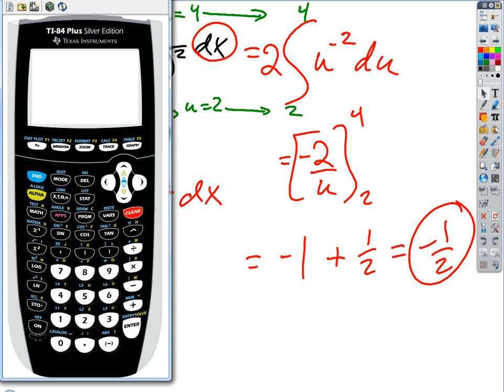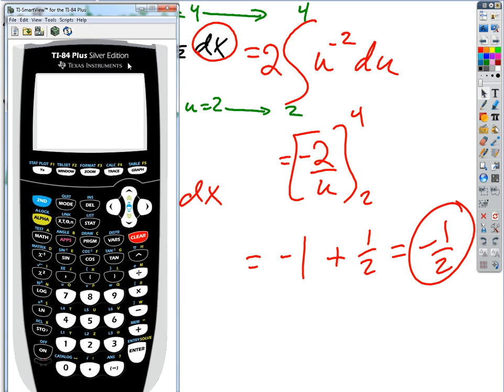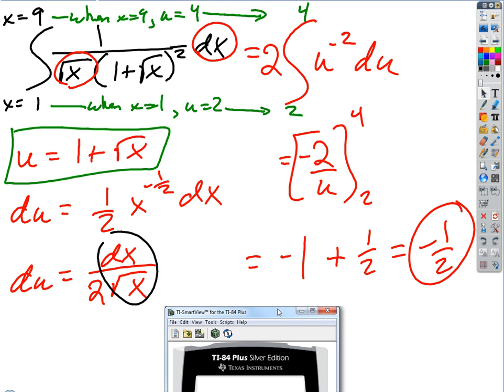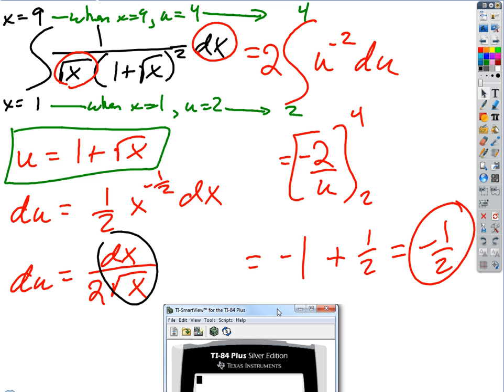This is really a cool deal. Question: you plug in the bottom number first? Yeah, right. You evaluate it. It's the value at B minus the value at A.